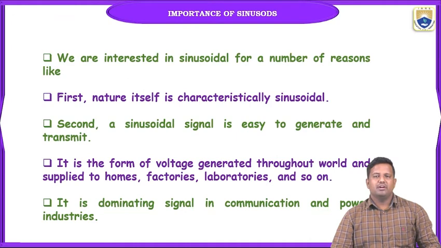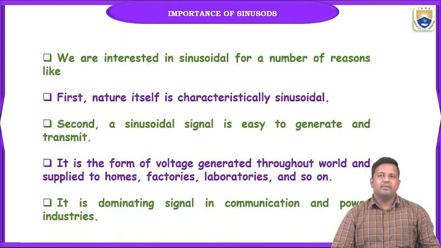There are so many load points to which we transmit these alternating current signals. And it is a dominating signal in the communication and power industries. In these industries, sinusoidal family signals are very much dominating compared to the remaining time varying signals.